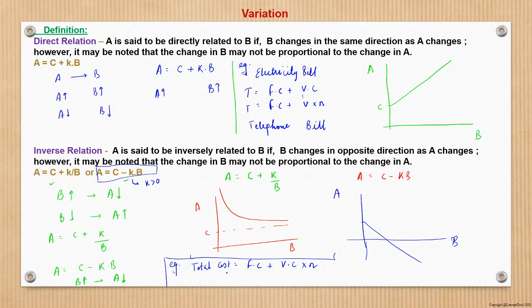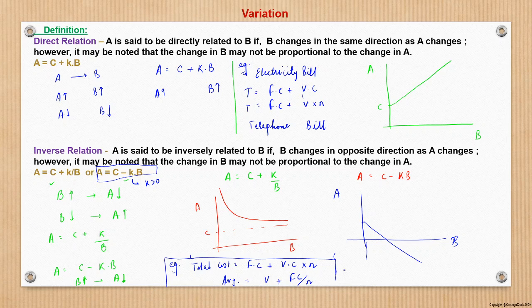What is the average cost? That is total cost by n. So average cost will be V into n by n, which is V plus fixed cost by n. So here this is inversely related. If the number of units increases, the average cost will go down. If the number of units decreases, then the average cost will go up. Right. So these are some simple examples.